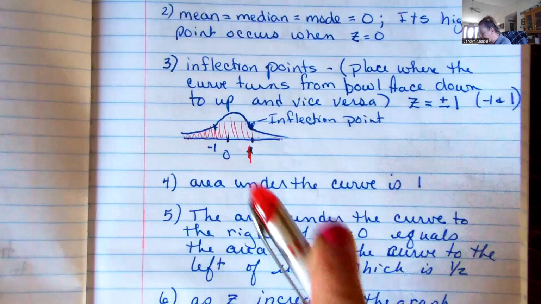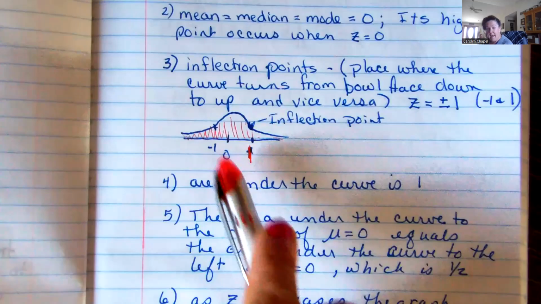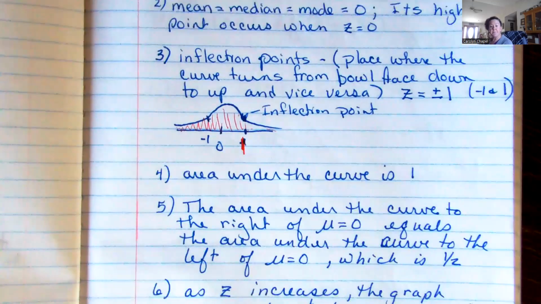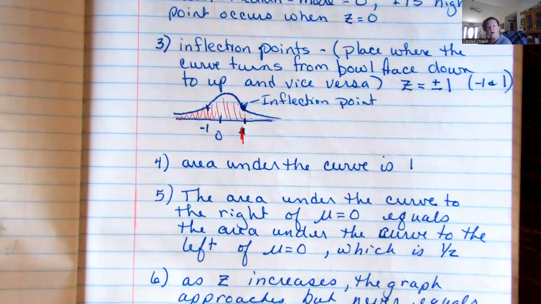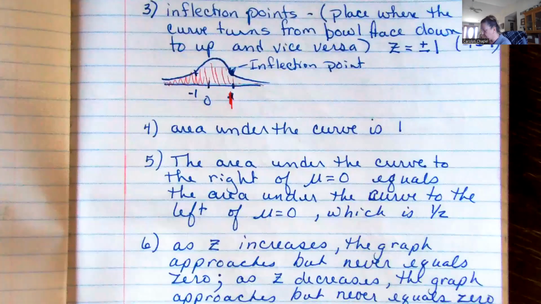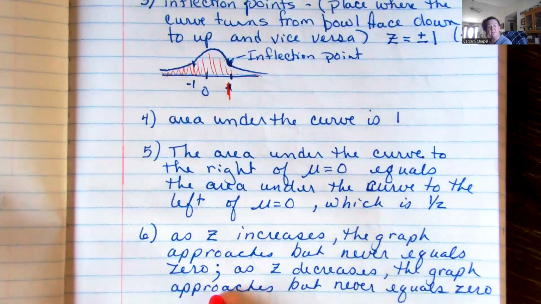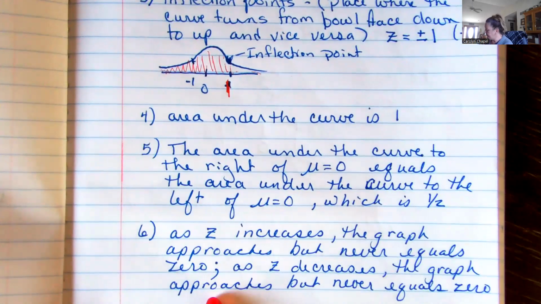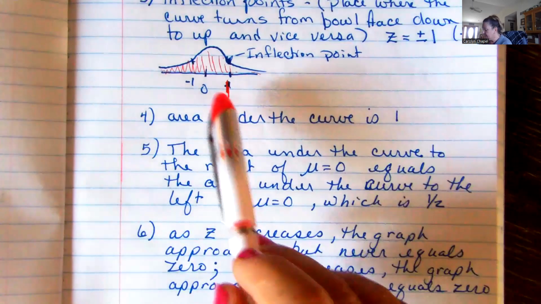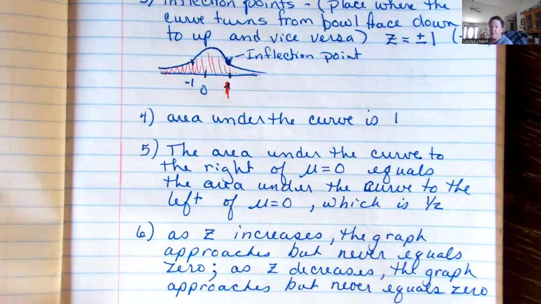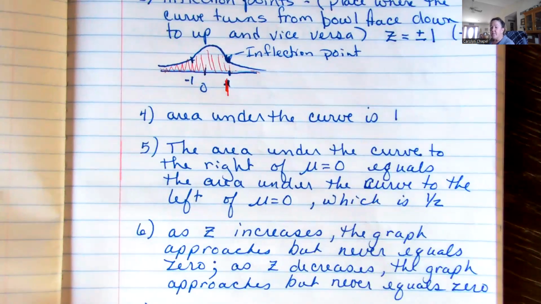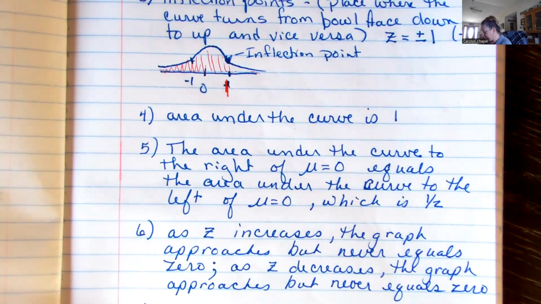So we have half of our data up there and half of our data down there. So that's kind of what this says in words. Also, as our Z, we like to use Z for the standard normal instead of an X. As it gets larger and larger, the graph is still positive, but it's not very high off that axis.